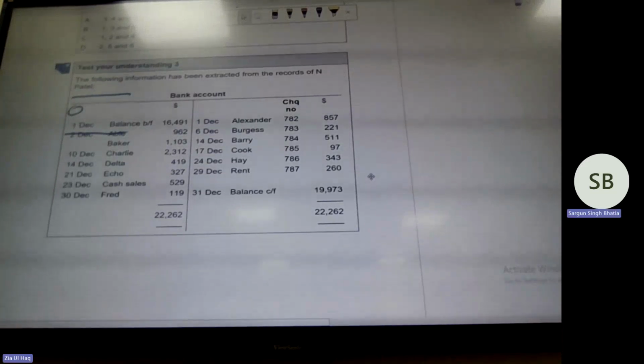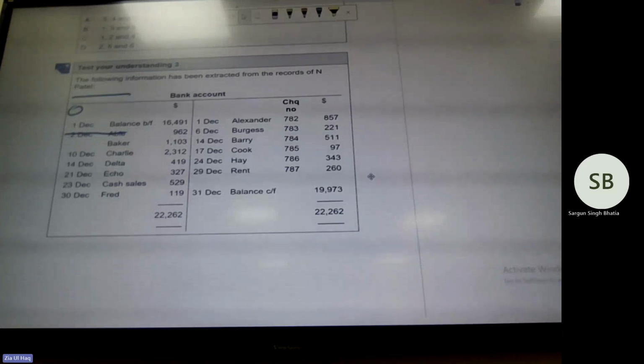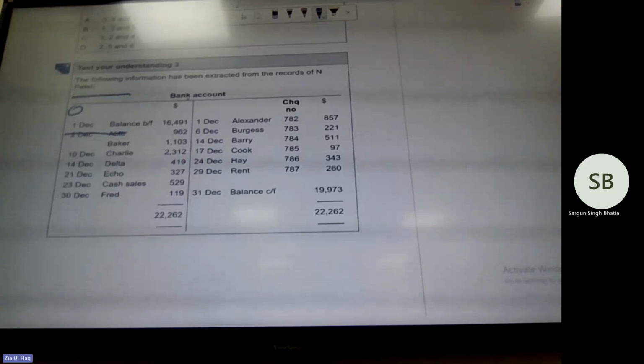What is question number 3? The following information has been extracted from the records of N. Petal, bank account.